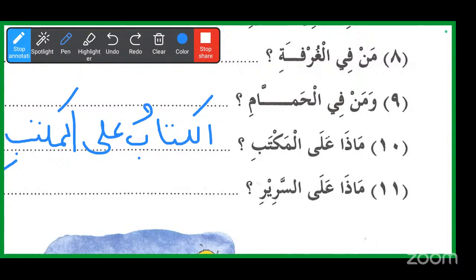They would even say كتاب على مكتب, not saying the al. So it depends on where you are in the Arab world and how they speak Arabic. Then ماذا على السرير؟ الساعة على السرير. أحسنت.